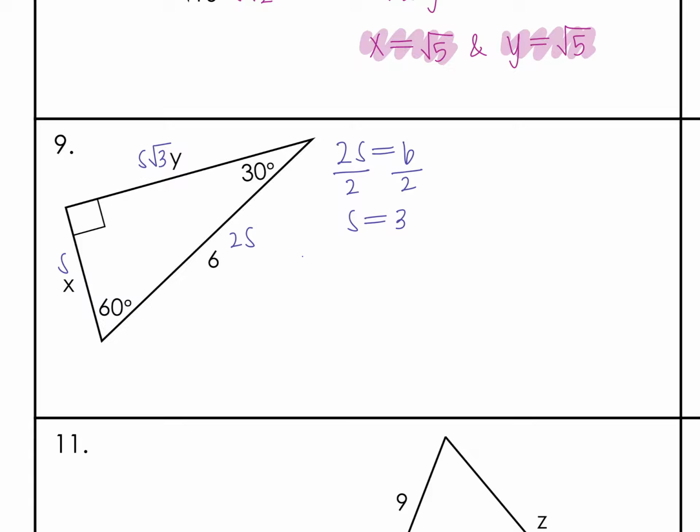Since x is my s, X is equal to 3. Then for my y here, that's my s root 3 ratio. So when I plug in, I get 3 root 3. And so y is equal to 3 root 3.